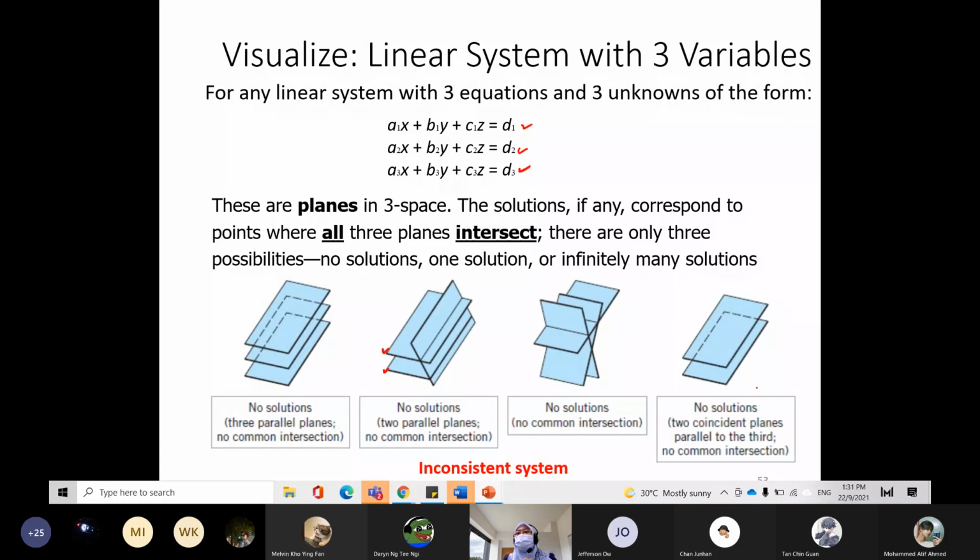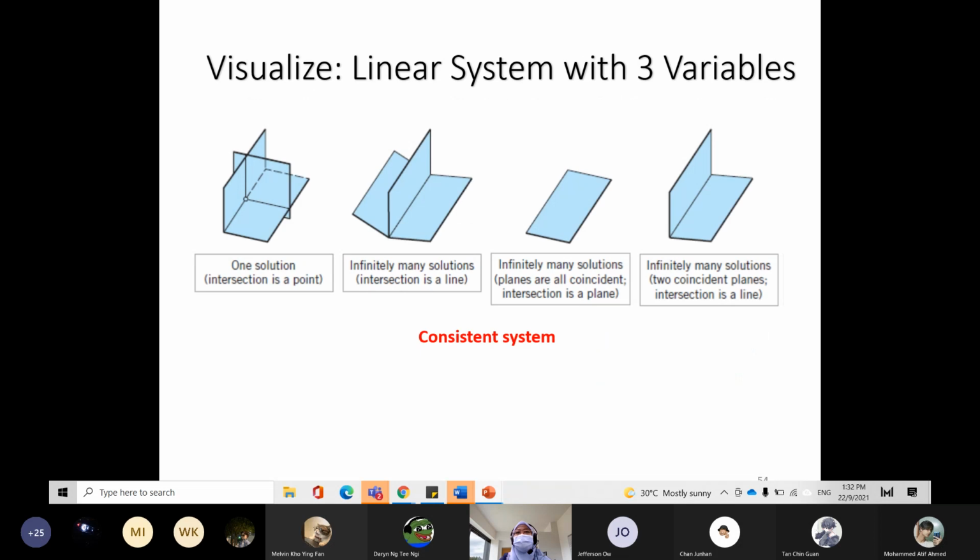Also, two of the planes intersect, but two of them overlap and another one does not coincide. So this is a type of inconsistent system.